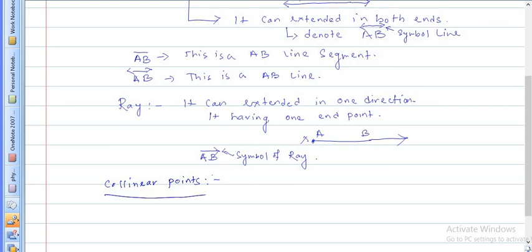Three or more points are said to be collinear if they lie on the same straight line.